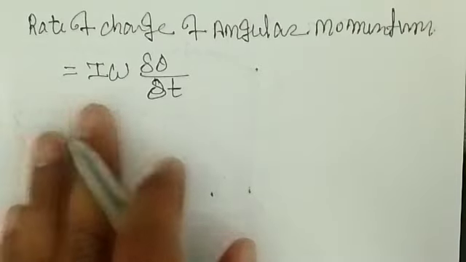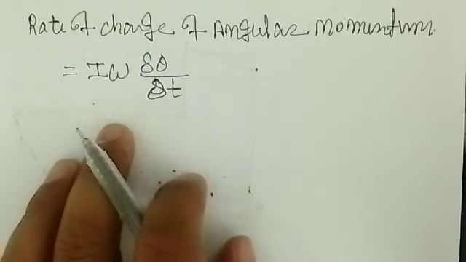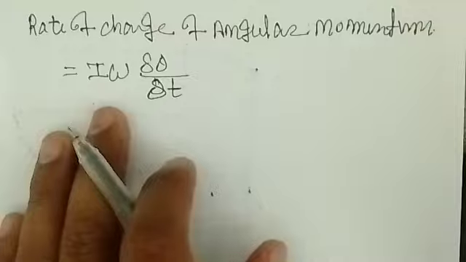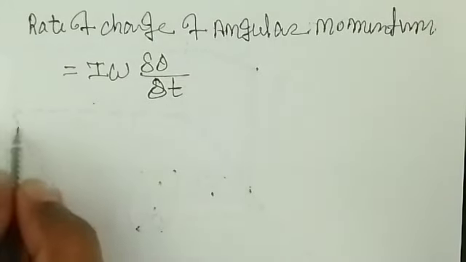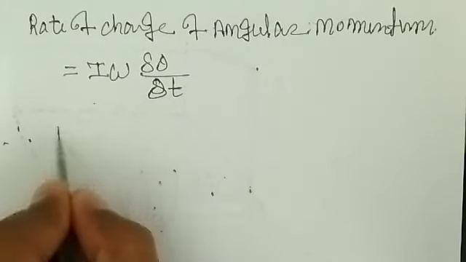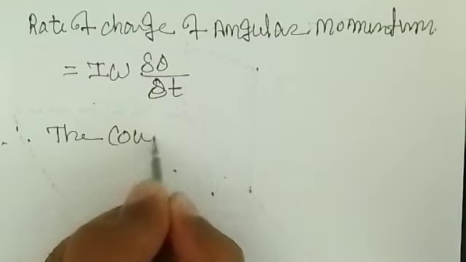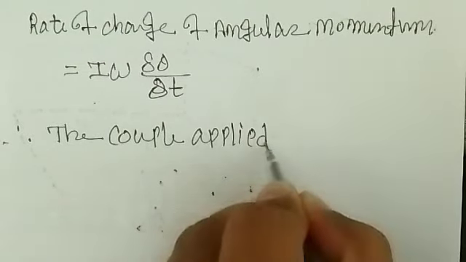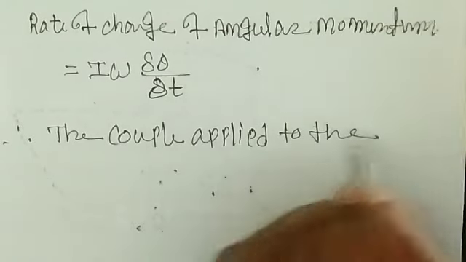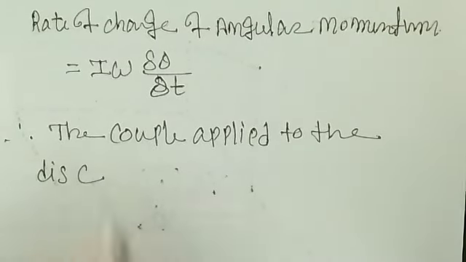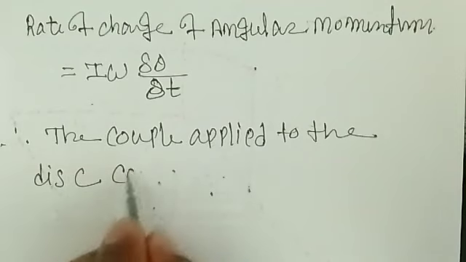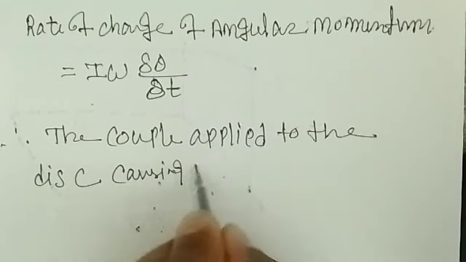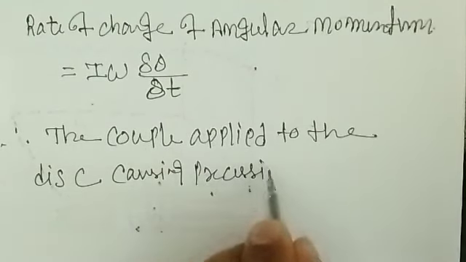Also, you know, the rate of change of angular momentum results from the application of a couple, right? Therefore, the couple applied to the disc is causing precession.